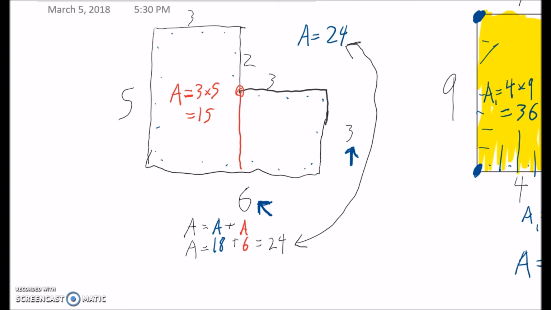And the blue area, we can't use this 6 here on the bottom, okay, because it's split off right here. So this 3 here goes from this corner to this corner, and this 3 goes from this corner to this corner. So 3 times 3 are our 2 sides. So that's our blue area, 3 times 3, and that equals 9.